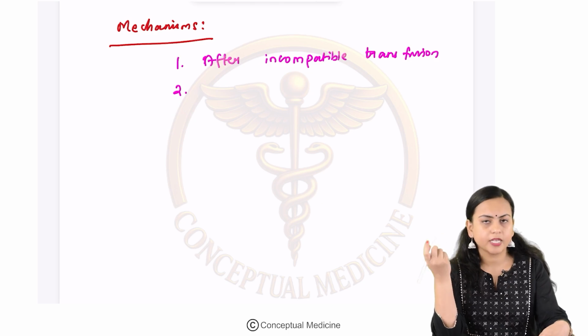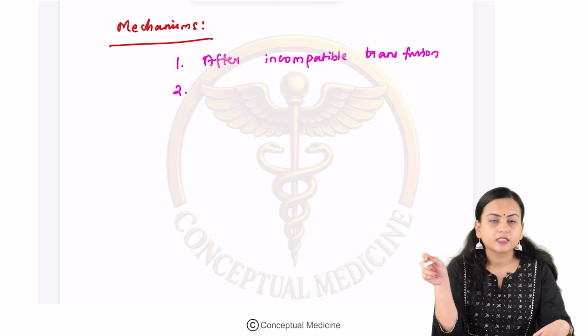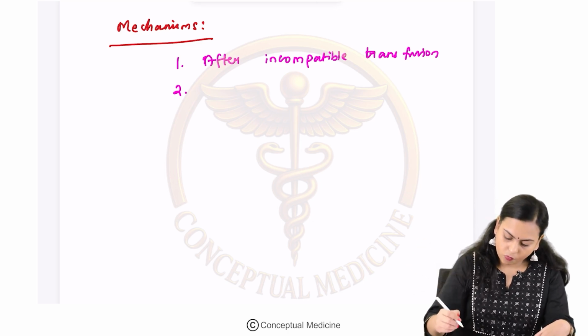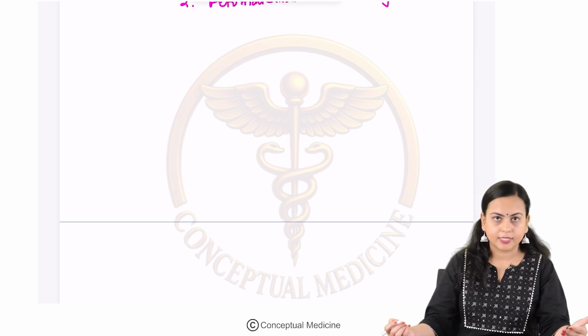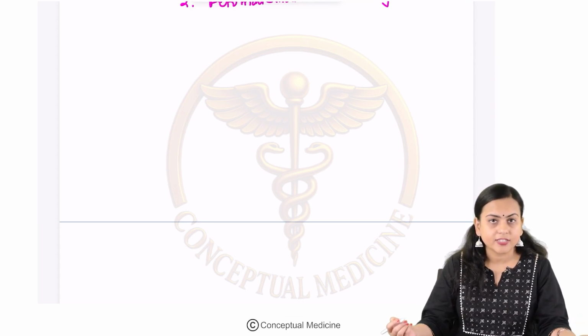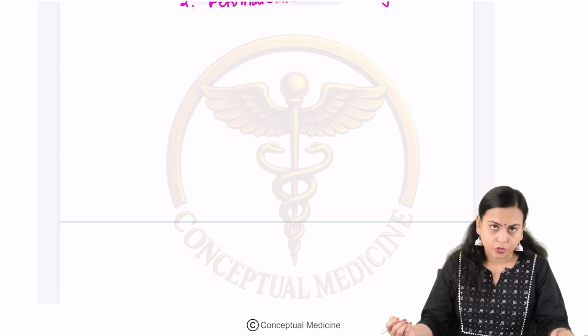And there are so many reasons for fetal-maternal hemorrhage, we will discuss them. But remember that for fetal-maternal hemorrhage during pregnancy, there is only a 10% chance, but during labor, there is a 90% chance. This fetal-maternal hemorrhage can happen during labor or pregnancy. Remember, during pregnancy there is only a 10% chance, whereas during labor there is a 90% chance of fetal-maternal hemorrhage.